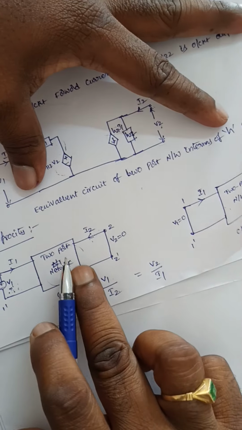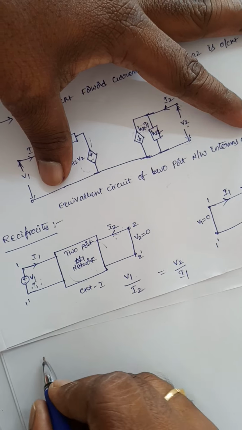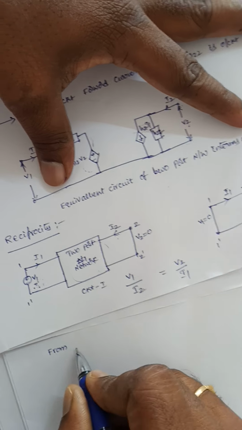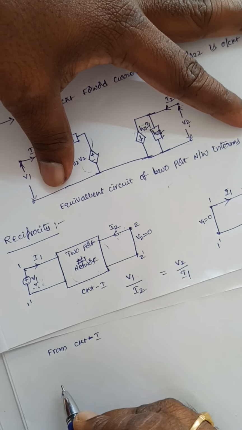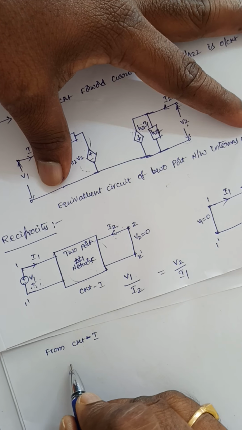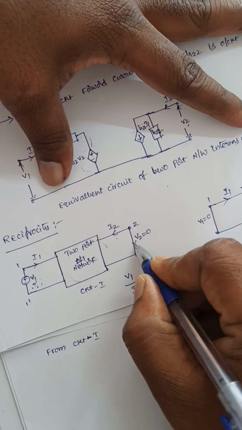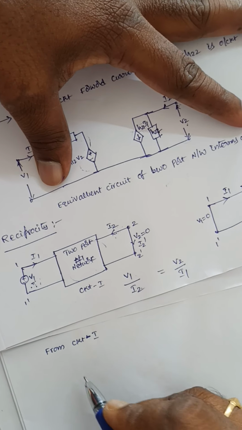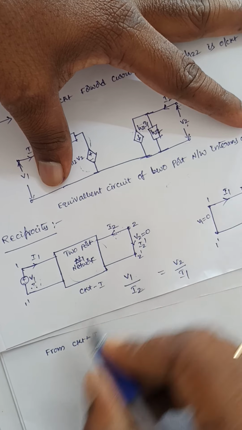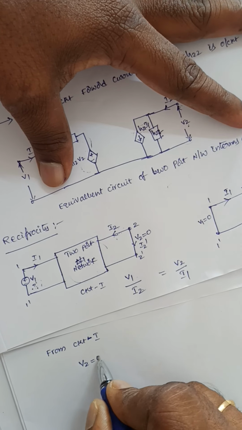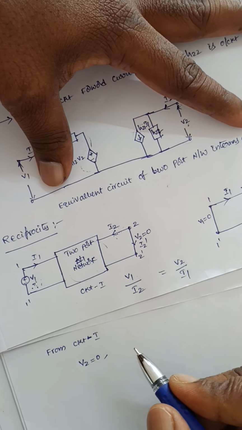So here from circuit 1, you know that let us take this is I2 dash, okay. So here V2 is equal to 0, alright.